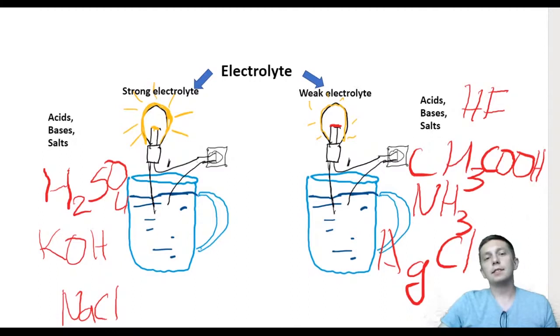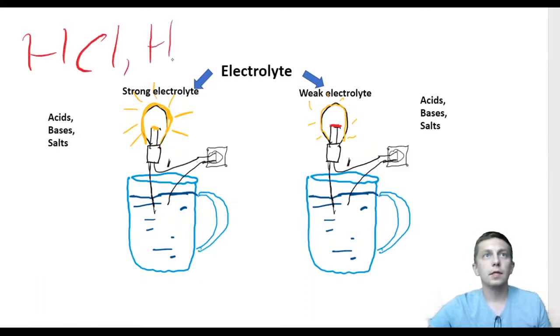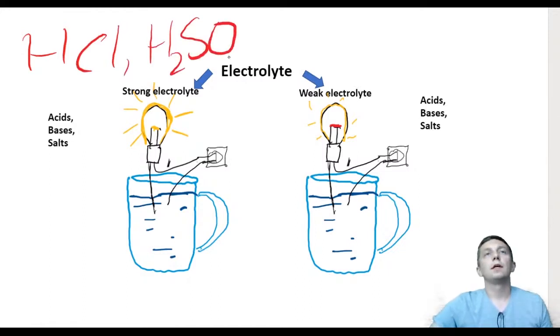With acid and base, it's more complicated, but if we generalize, most acids are weak acids. So if we're interested in strong ones, it's HCl, H2SO4, nitric acid, some mineral acids, the most famous.